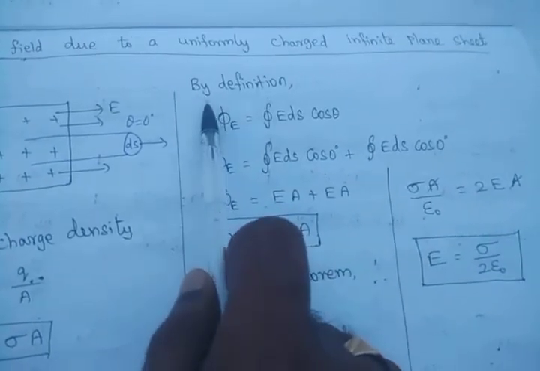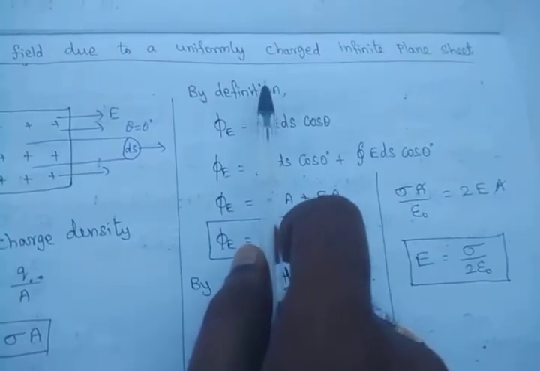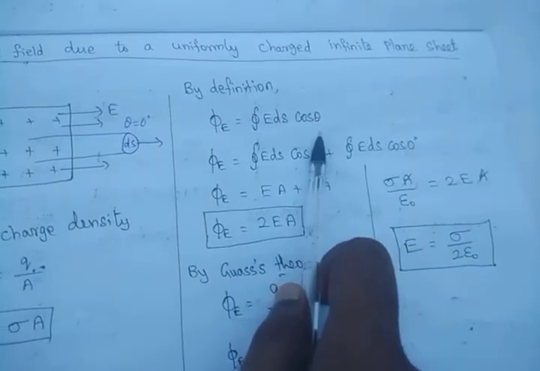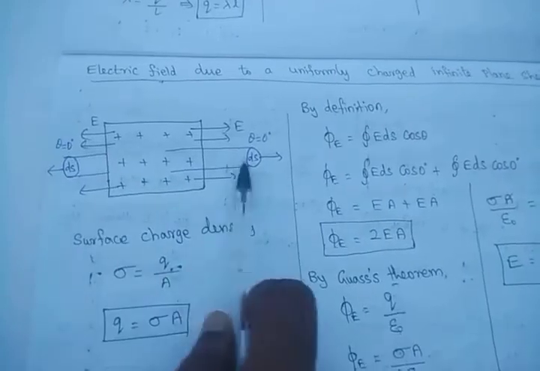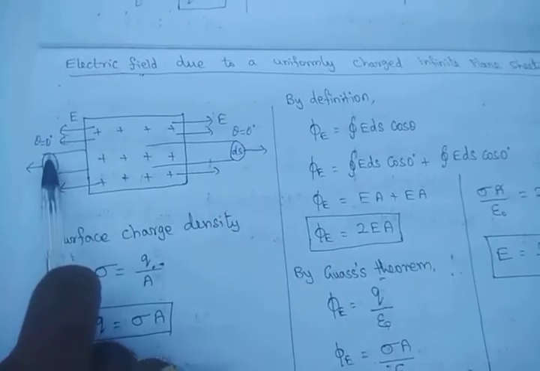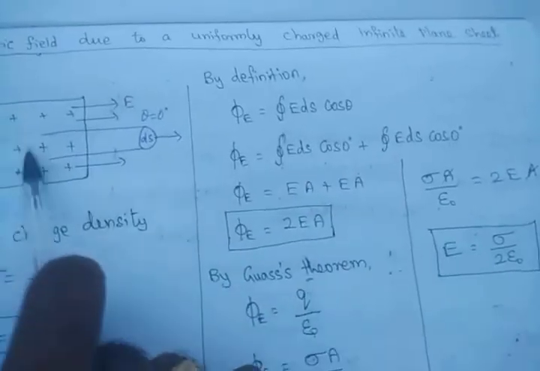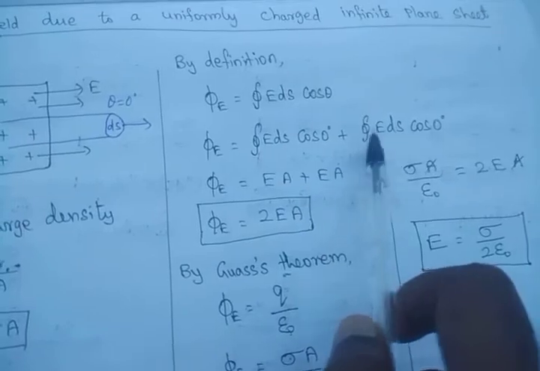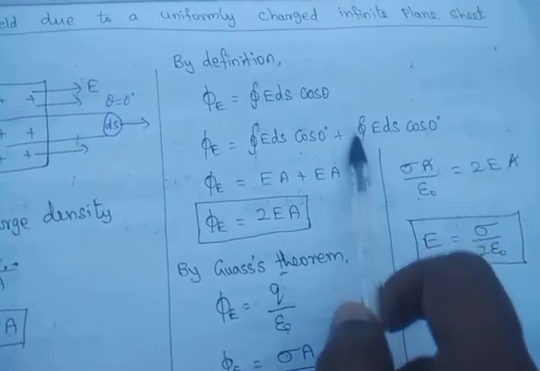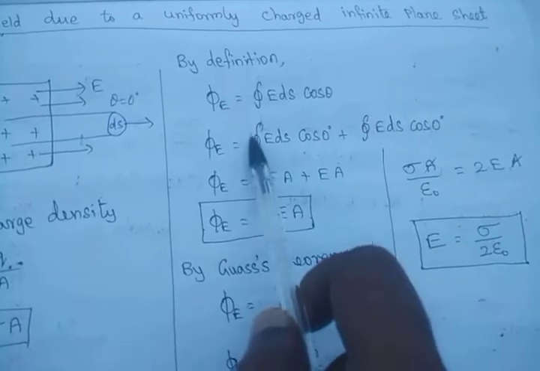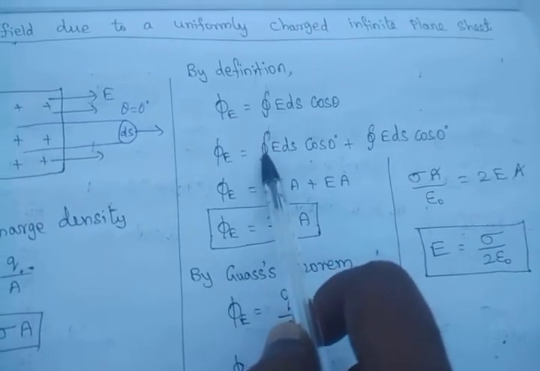Now we come to this point. By the electric flux definition, electric flux is equal to integral E dS cos theta. Here we have two terms, with theta equal to 0 on the front and back side of the charged plane sheet. So we write integral E dS cos 0 degree plus integral E dS cos 0 degree. Students, listen: this small circle indicates a closed surface.